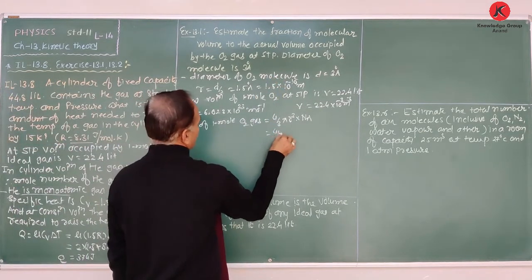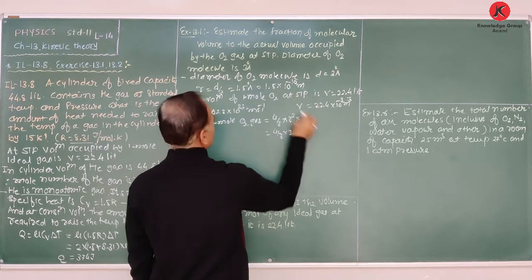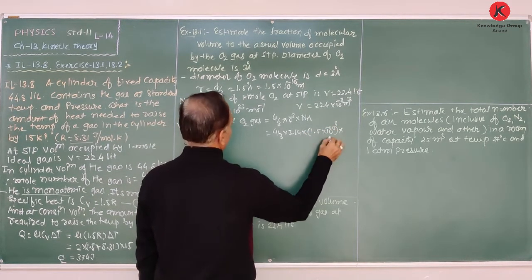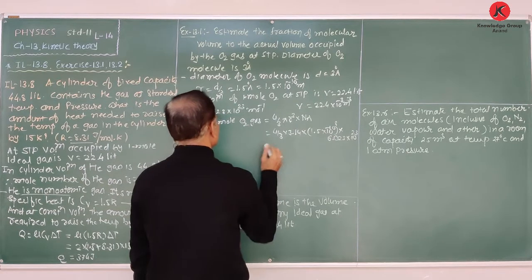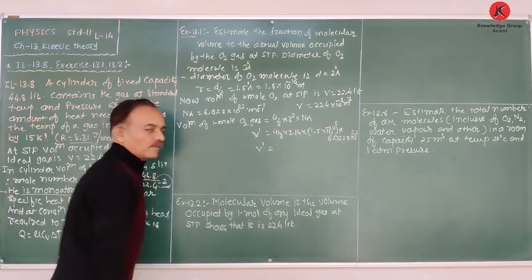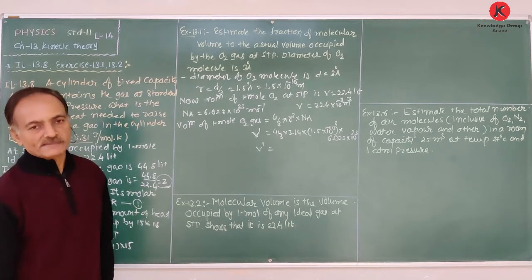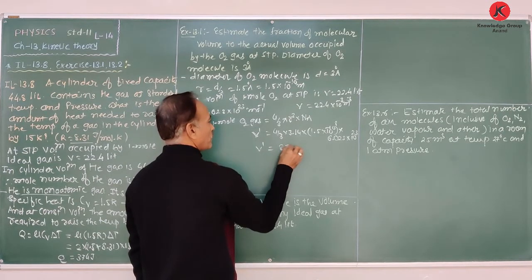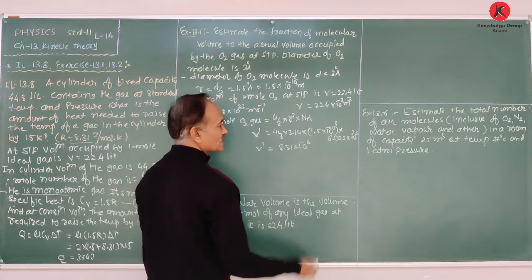So 4/3 π, 3.14, into the radius 1.5 × 10^-10 whole cube, into 6.023 × 10^23. Thus we find the volume V dash of 1 mole of gas having molecules of 3 angstrom diameter. As we simplify, we obtain V dash equal to 8.51 × 10^-6 meter cube.